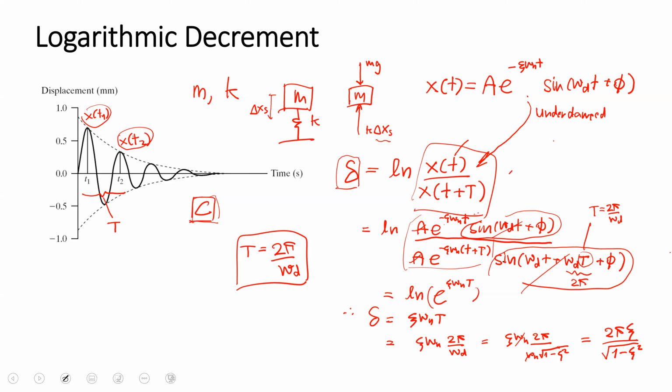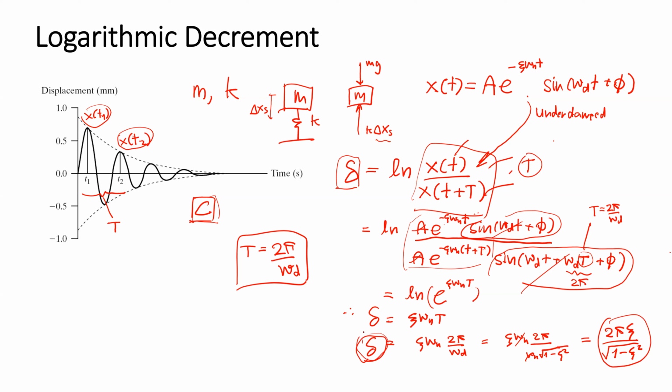From this relationship, what you can obtain from measurement is the logarithmic decrement, because you know how the magnitude of the vibration changes when a period of time passes.